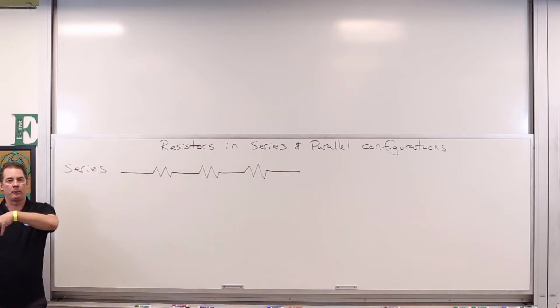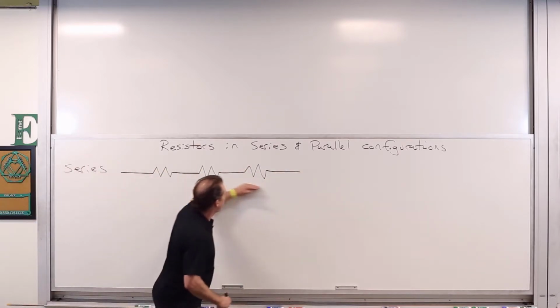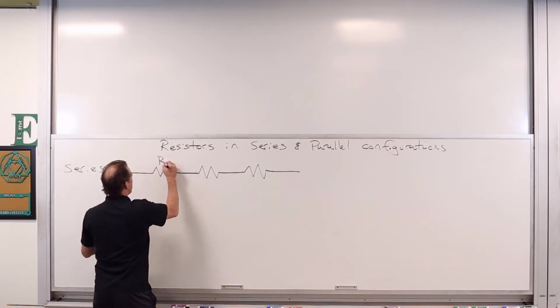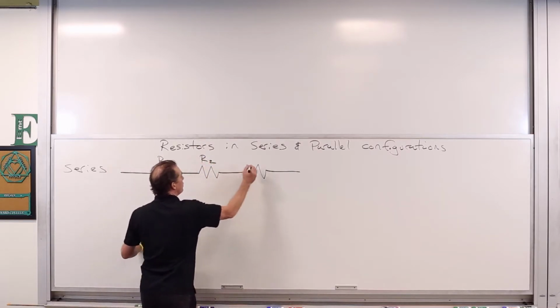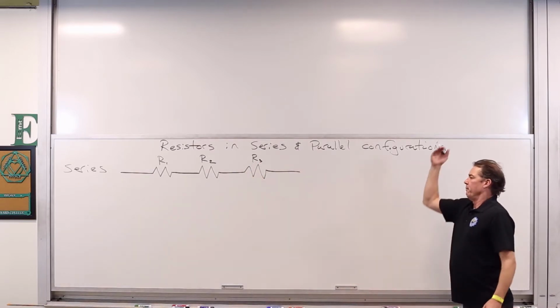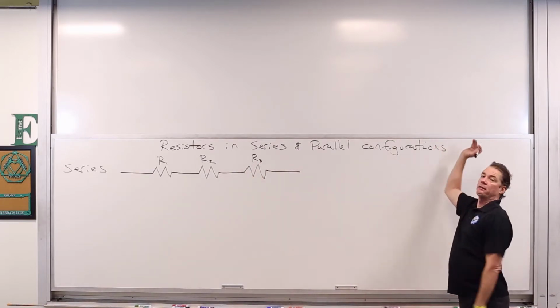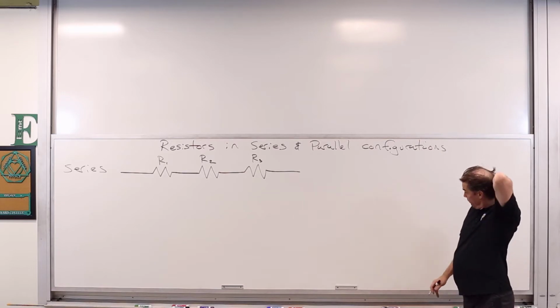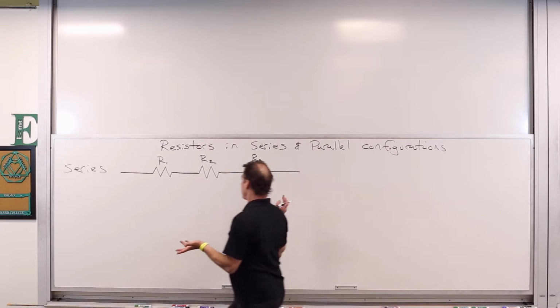We've got that they're all on one branch, all on one pathway here. We can say we've got ourselves an R1, an R2, an R3, and this could keep on going. We've got R up to R sub n. That's it, a bunch of resistors in series. So there's what series configuration looks like.